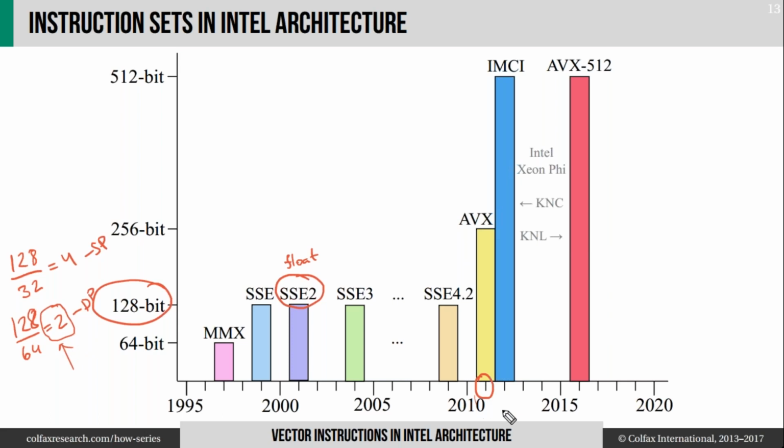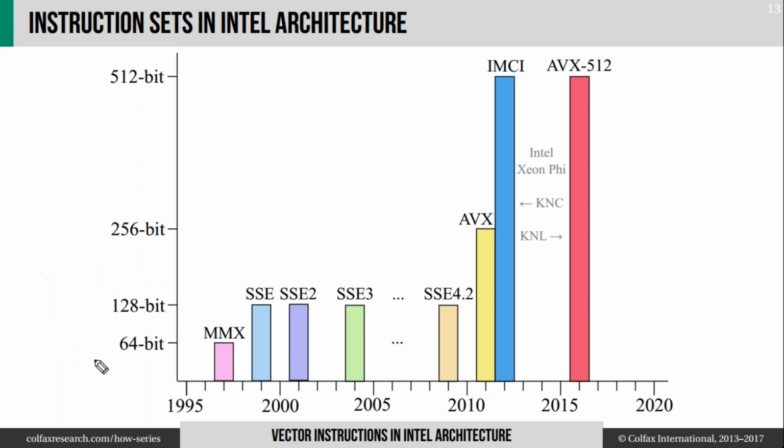Until the early 2010s, the benefit of vectorization was just not significant enough to worry about it. But in 2011, with the Sandy Bridge architecture, Intel added support for AVX. AVX stands for Advanced Vector Extensions, I believe, and the width doubled to 256 bits.